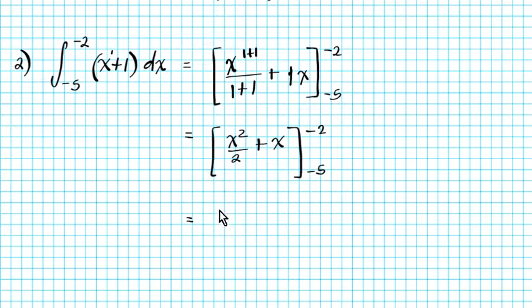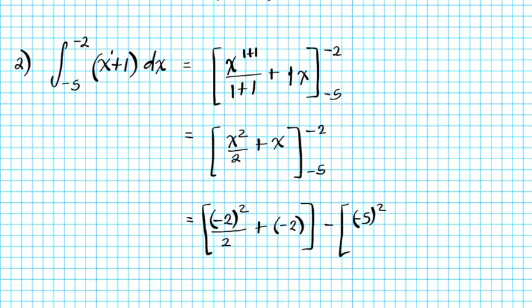So we plug in the upper, -2 squared over 2 plus -2. That's the entire thing evaluated at the upper limit, minus the entire thing evaluated at the lower limit, -5 squared over 2 plus -5, like that.